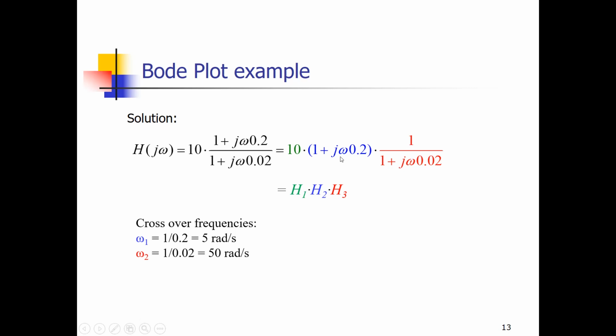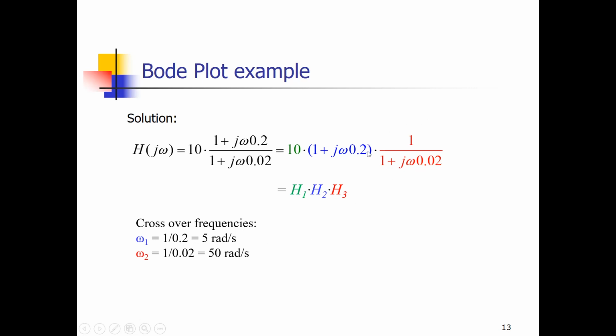And we've seen that we can calculate the crossover frequency by setting the imaginary part, which is everything besides the j, equal to the real part. So 1 is equal to omega times 0.2. So the crossover frequency omega is 1 over 0.2, which is 5 radians per second, which is written over here.